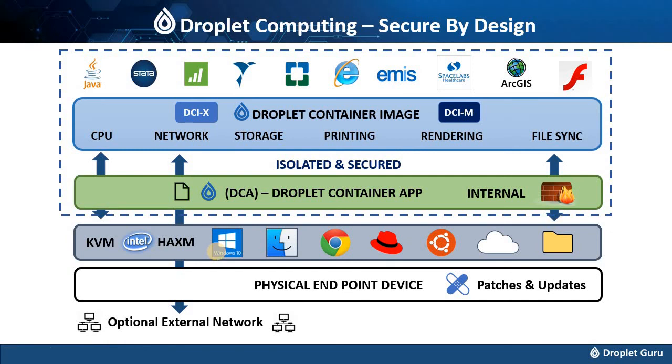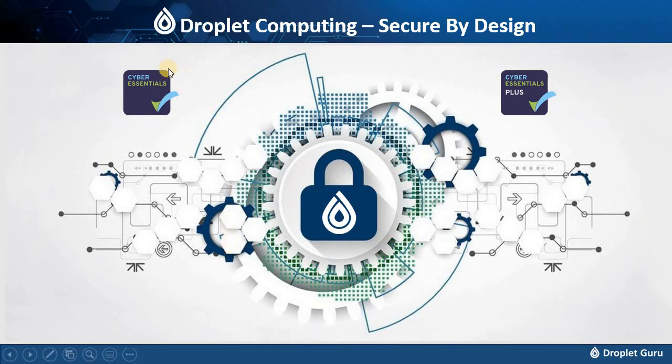Droplet Computing enables you to take those apps, wrap them in a container, secure them away from the host operating system and any potential patches and updates coming through, but access them on a newer, modern operating system. And that's how customers are using Droplet Computing today for those challenges on Windows 10, which are ultimately helping them achieve Cyber Essentials or Cyber Essentials Plus.